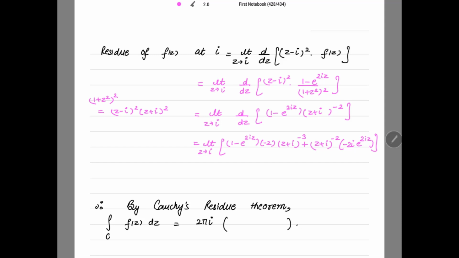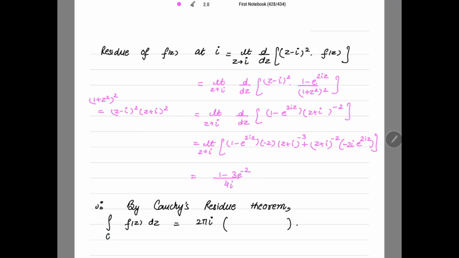Simply put the value z equal to iota over here. You will get (1 minus 3 e to the power minus 2) over 4 iota.